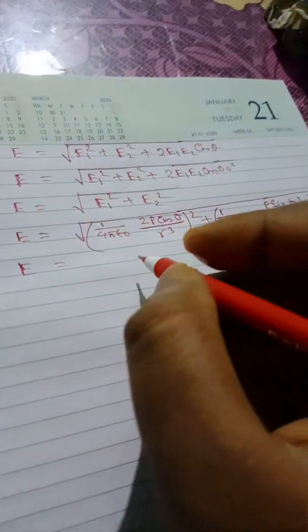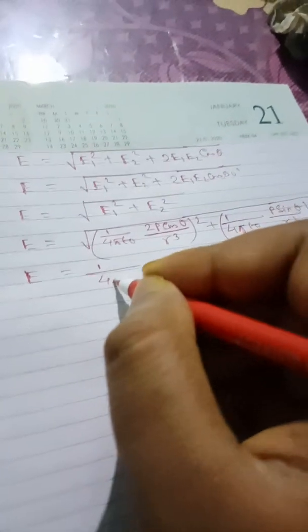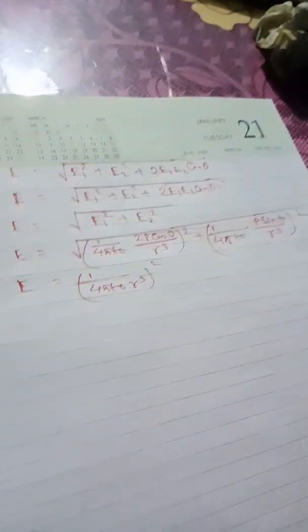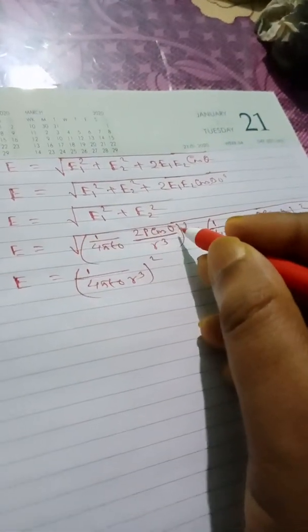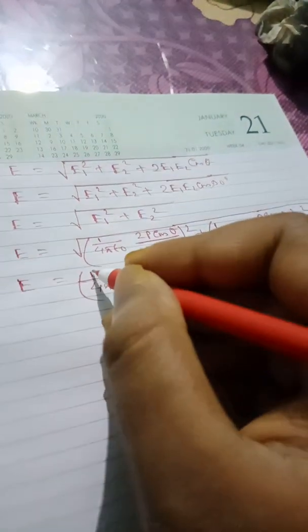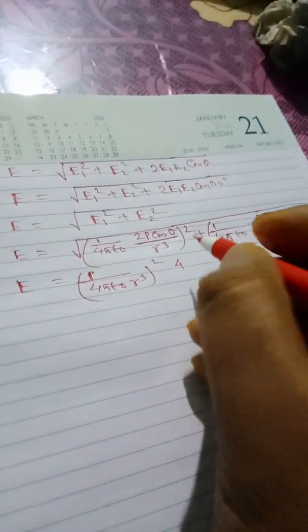After that, E is equal to, from here you can write, 1 by 4 pi epsilon naught R cube whole square, 2p cos theta squared means you can write 4, and p is also taken here.